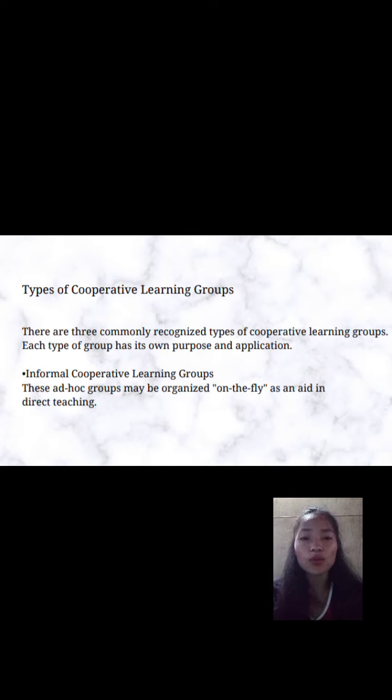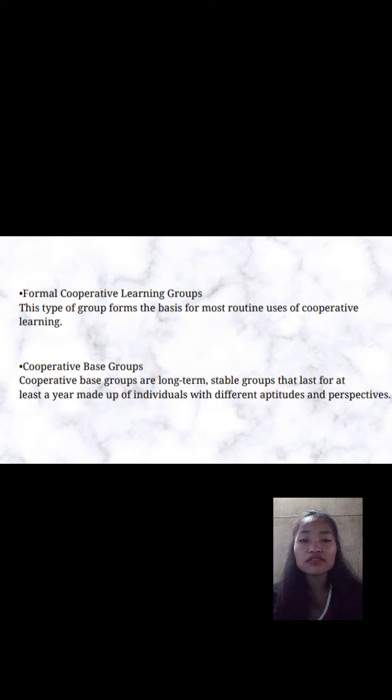There are three commonly recognized types of cooperative learning groups. Each type of group has its own purpose and application. First is the informal cooperative learning group. This ad hoc group may be organized on the fly as an aid in direct teaching. Informal groups are particularly useful in breaking up a lecture into shorter segments interspersed with group activity. Next is the formal cooperative learning group.